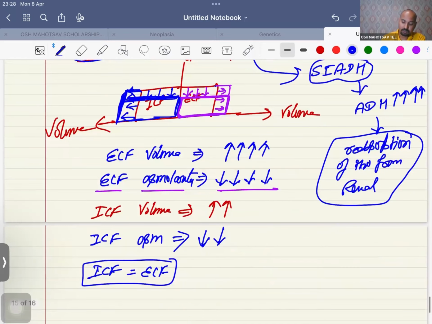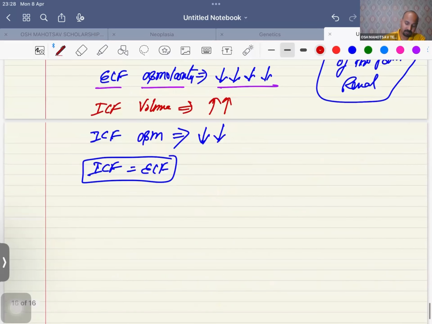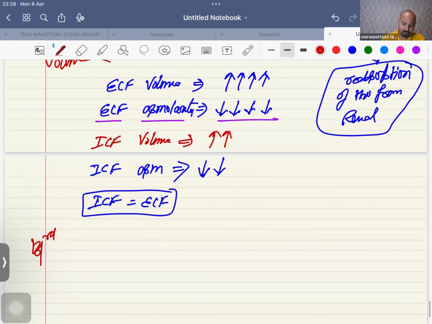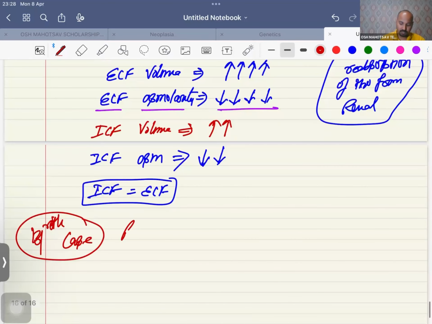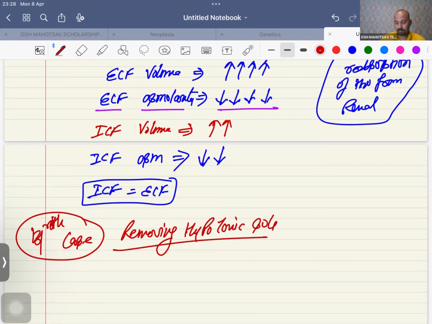Okay, and now the fourth case. In the fourth case we are removing hypotonic solution, or we can say loss of hypotonic solution.